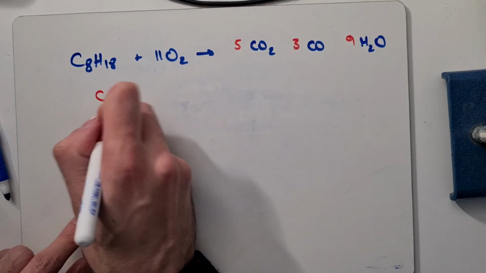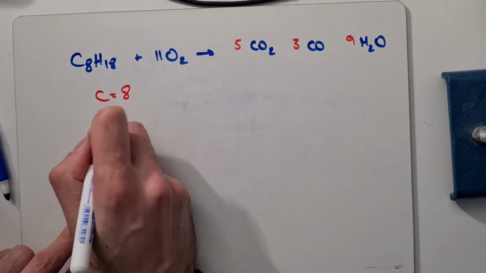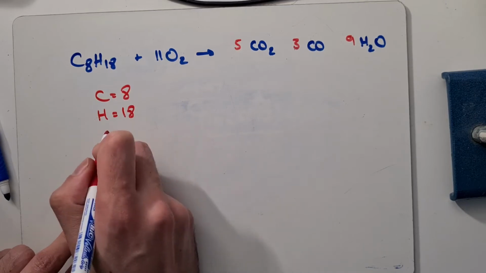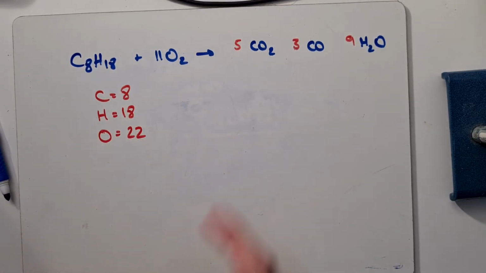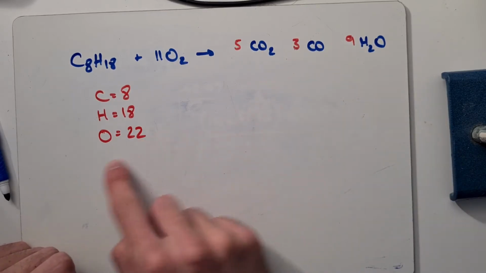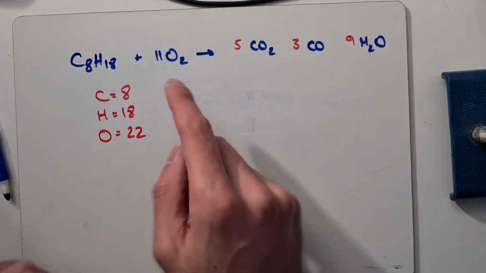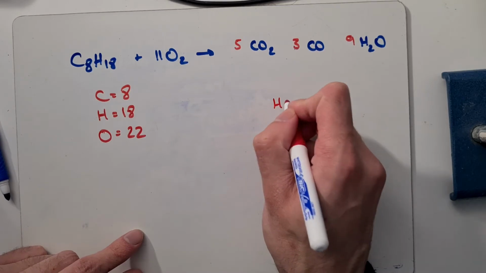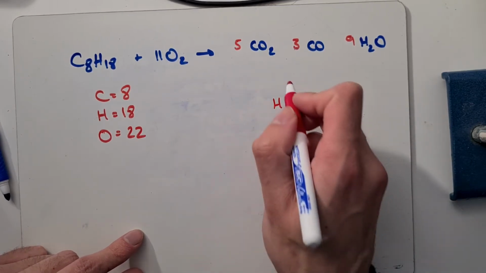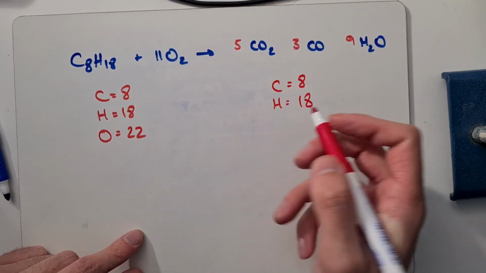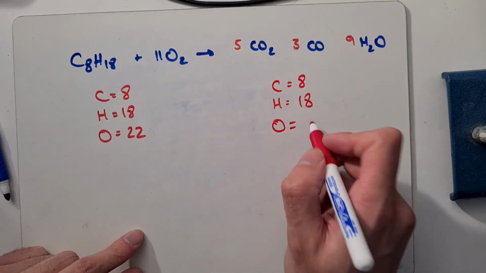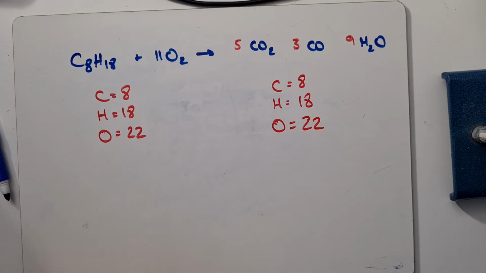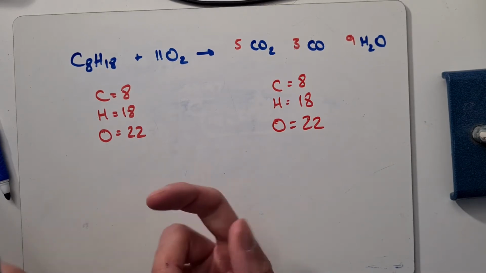On the right hand side, we have 8 carbons, 18 hydrogens, and 22 oxygens. Because oxygens are in everything, I'm going to leave that till last to add up. I'm going to start on this side by looking at how many hydrogens I've got, which is 18, how many carbons, which is 8, so far it's fitting, and oxygens, I've got 10, 13, 22. So that appears to have balanced straight away.